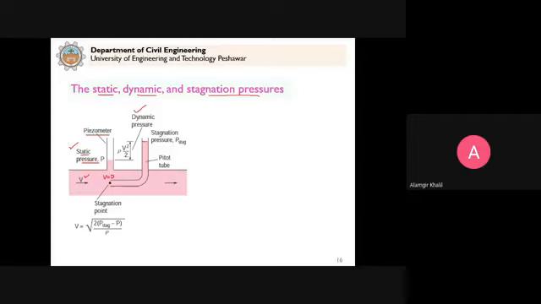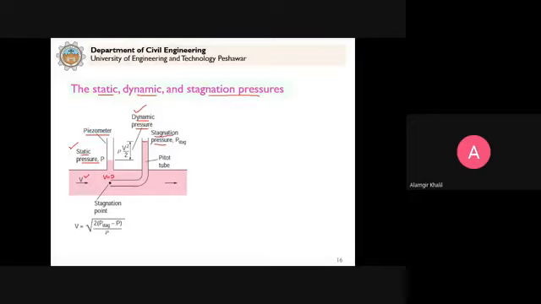Clear? So now it means that the stagnation pressure is actually the sum of static pressure plus the dynamic pressure. Clear? So stagnation pressure is more because it is equal to the sum of the static pressure plus the dynamic pressure.